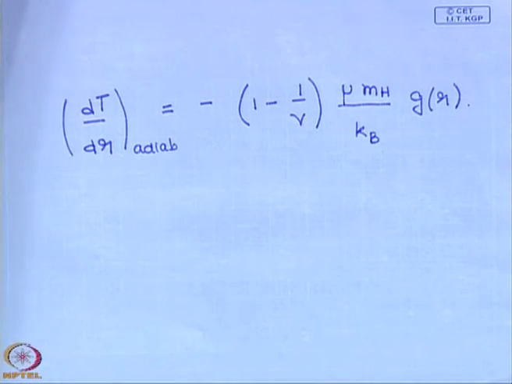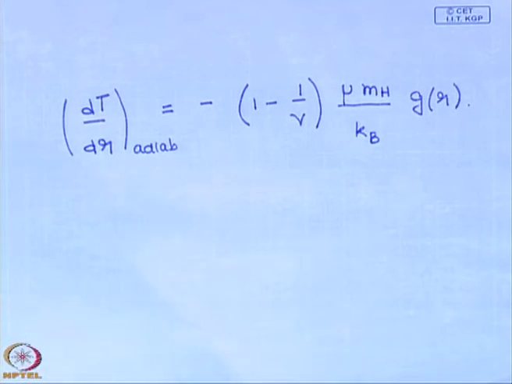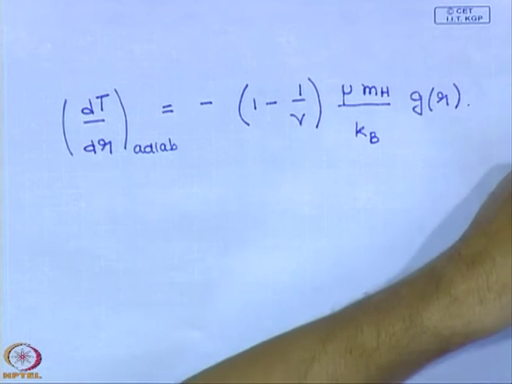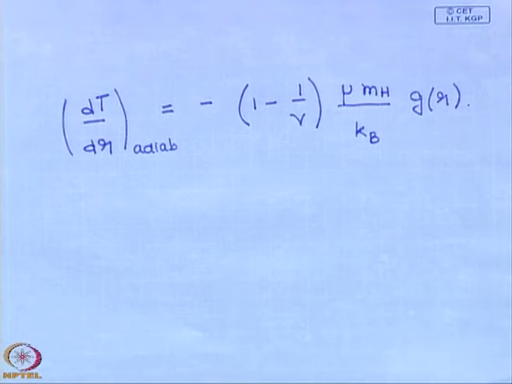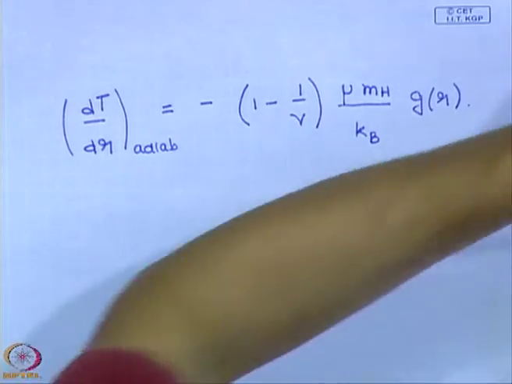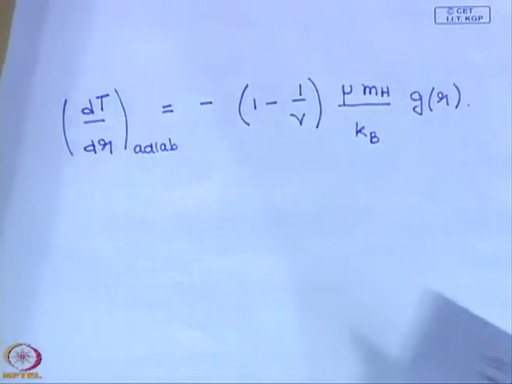Okay. So, we have now obtained the 4 equations that have to be solved to determine the structure of a star, and these 4 equations, let me show them to you once more, the equations that we have to simultaneously solve.